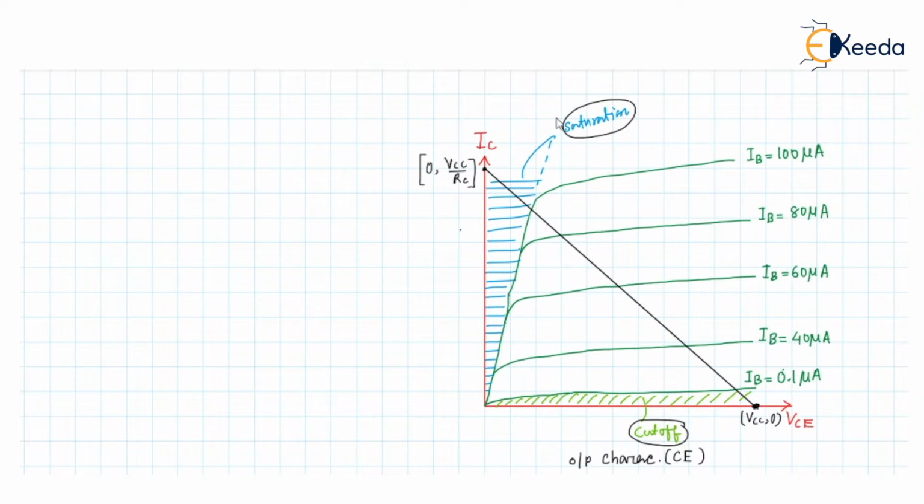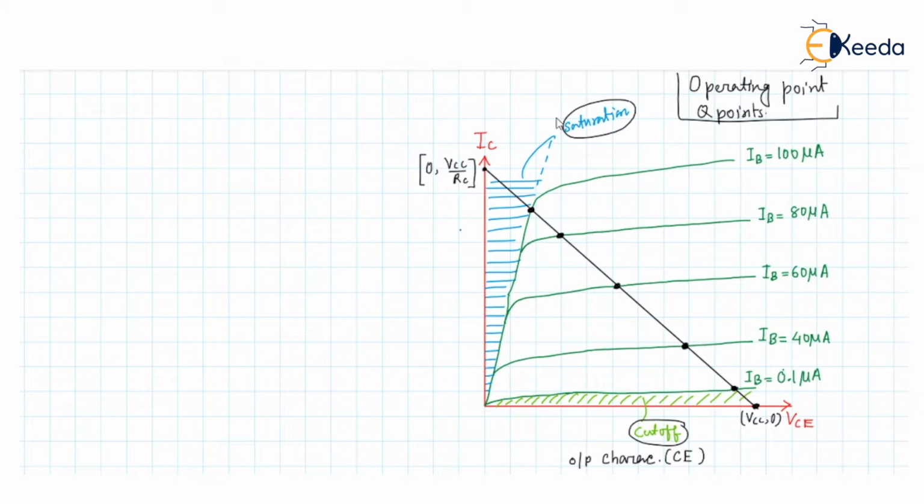We can see that the DC load line meets the output characteristics at different points. These points are called the operating points of the transistor. Sometimes they are also called the Q point.